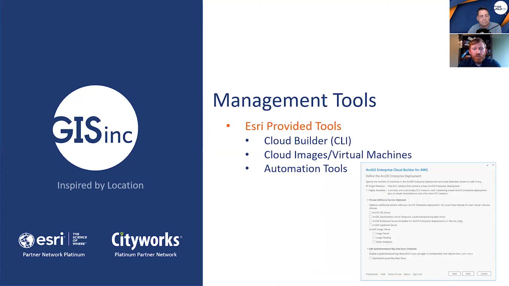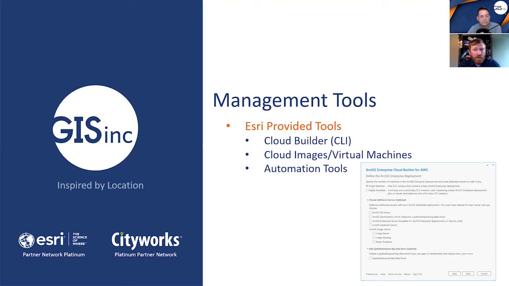Then there are Esri provided options. The first two of these that we'll talk about are built to work with the native cloud APIs. So first we have the Cloud Builder tools. These are a locally installed tool that can quickly build out and install an ArcGIS Enterprise environment. Currently, Esri has these for Azure and AWS. Then we have Cloud Images.